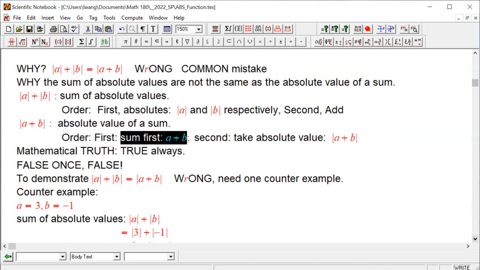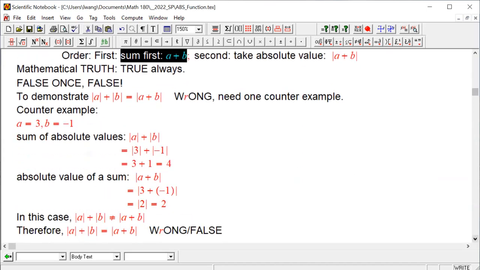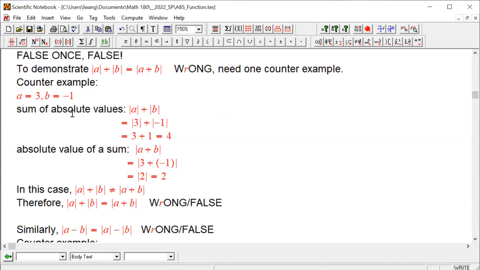Now, let's see when it is true. We're going to give a counterexample to demonstrate that this is false. I pick A equals 3, B equals -1. We look at the sum of absolute values: the absolute value of 3 plus the absolute value of -1. We do the absolute values respectively and then add them up.